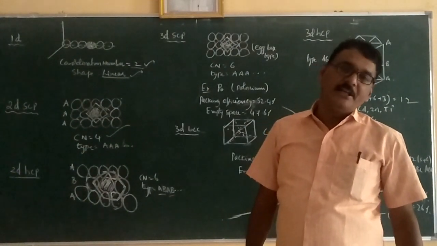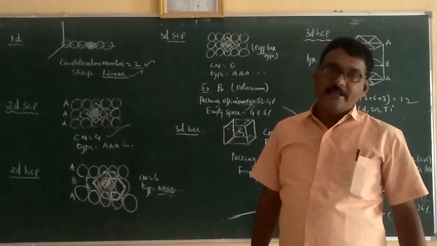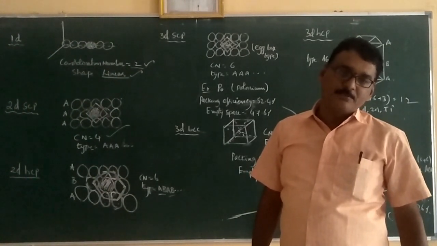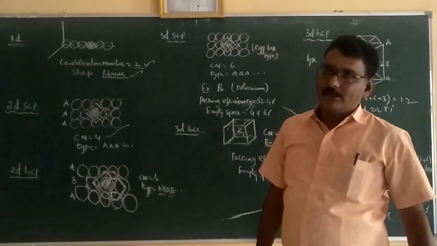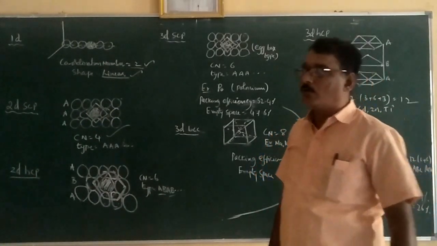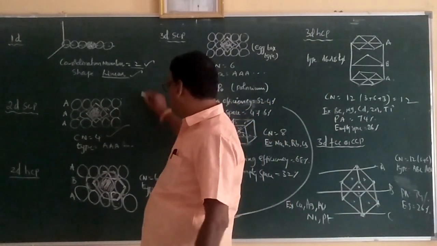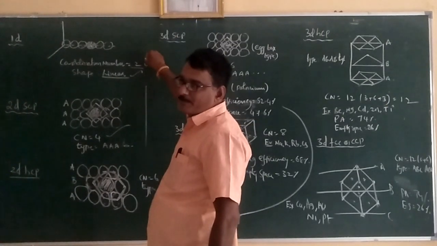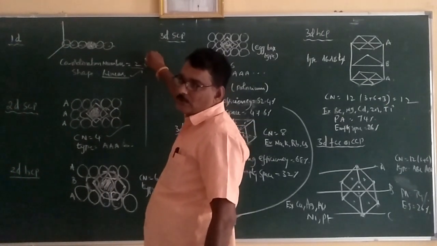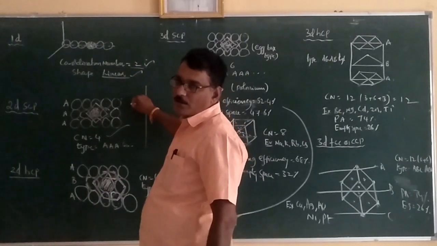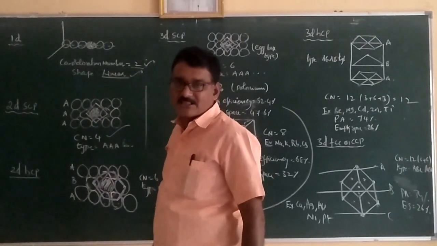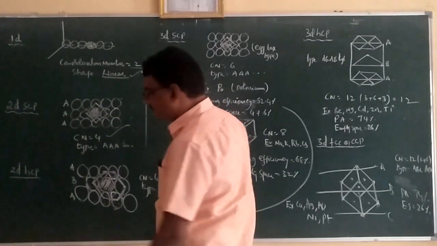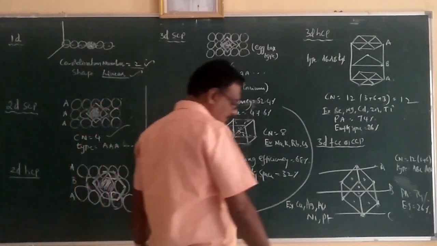But 2D SCP, square close packing, is A type, with all layers the same, and the coordination number is 4. So the one dimension is divided into 2D SCP with coordination number 4 and 2D HCP with coordination number 6.